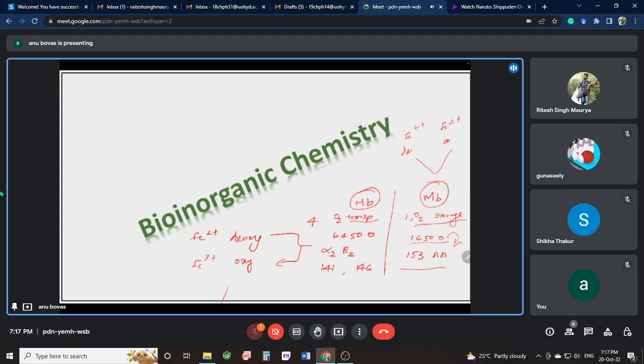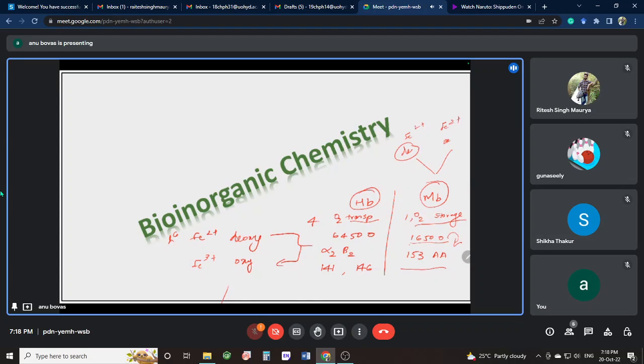In deoxy, it will be high spin, and in oxy, it will be low spin. This is d6, so in the deoxy state it is high spin and paramagnetic. The same goes for myoglobin: deoxy Fe2 plus, d6, high spin, paramagnetic.